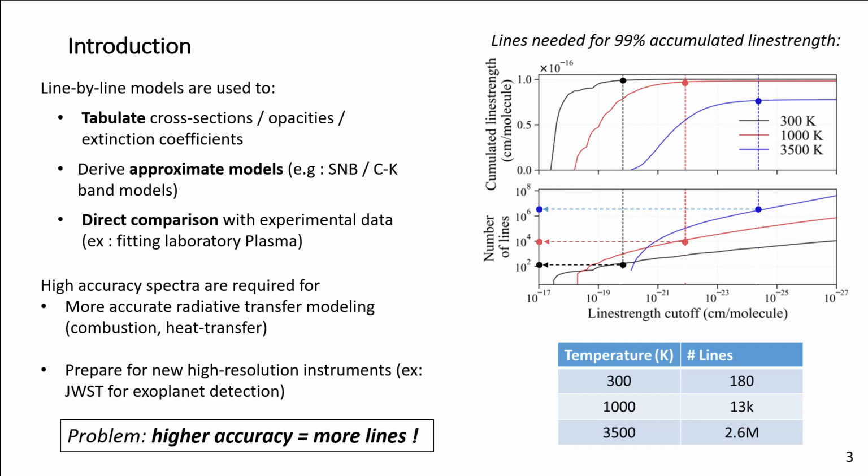This is nicely illustrated in the graph on the right here, which shows the number of lines needed for 99% accumulated line strength. At 300 Kelvin, this is only 180 lines, whereas at 1000 Kelvin, it's already 13,000. And at 3500 Kelvin, it's already 2.6 million. This shows the need for a spectral synthesis algorithm that can process these large numbers of lines efficiently.